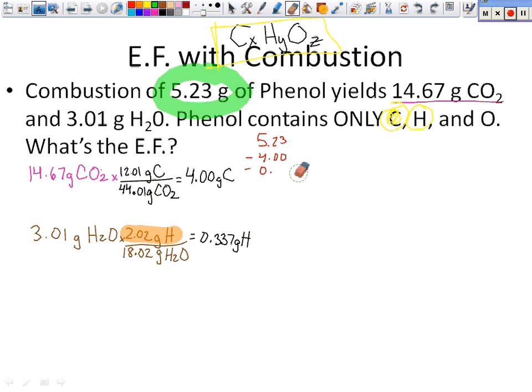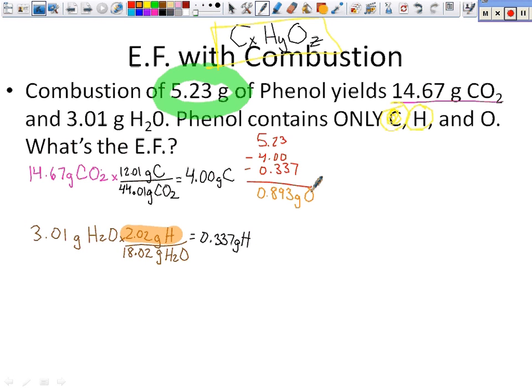What is it? 0.893 grams of oxygen. So, the whole purpose of this part was to find the original amount of each element. True or false? True. From this point on, is it just like the basic, easiest, simplest empirical formula problems?